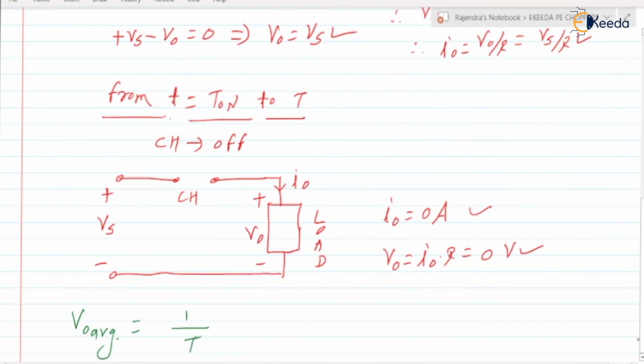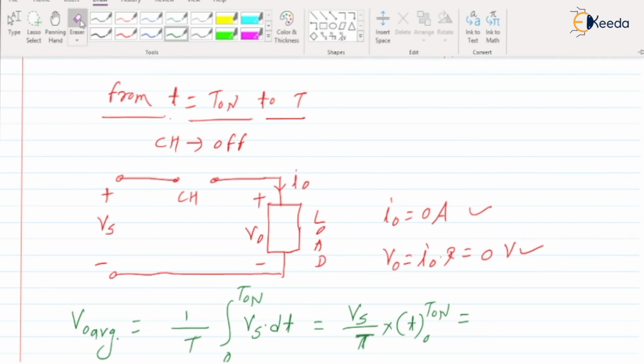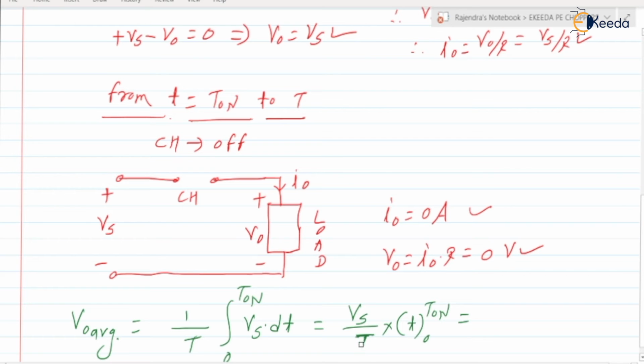So we can write it as 1 by T, integration from 0 to t on. During 0 to t on, V0 is Vs, into dt. If we simplify, it is equal to Vs by T into t, with limits 0 to t on.